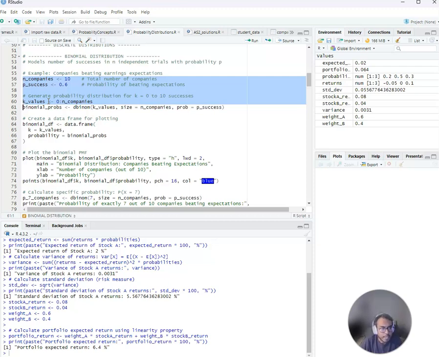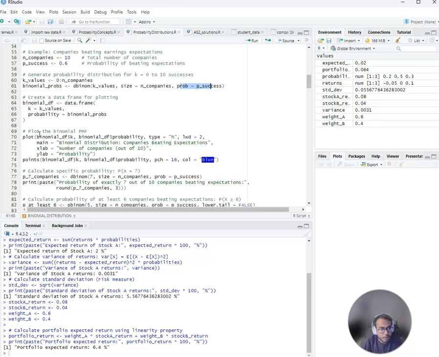And then my binomial probabilities are the densities, which is the function dbinom. That takes the arguments, the values of k, the size, which is equal to n, and the probability, which is the probability of success. And then I'm going to create a data frame, and for ease of exposition, I'm going to plot the binomial PMF.